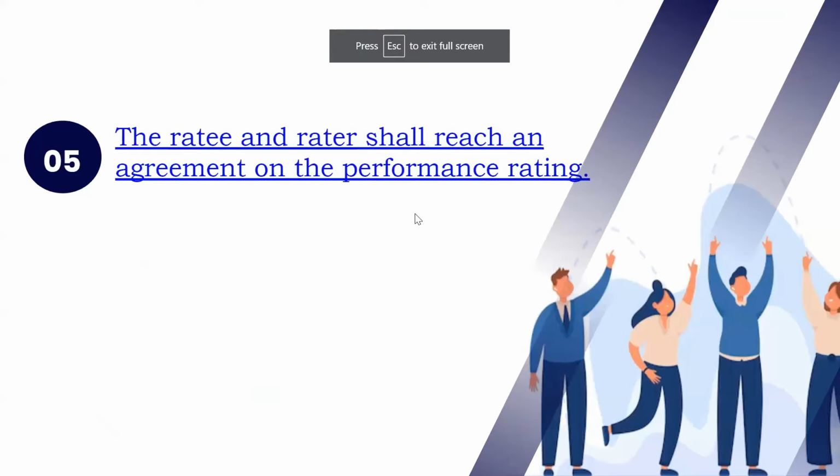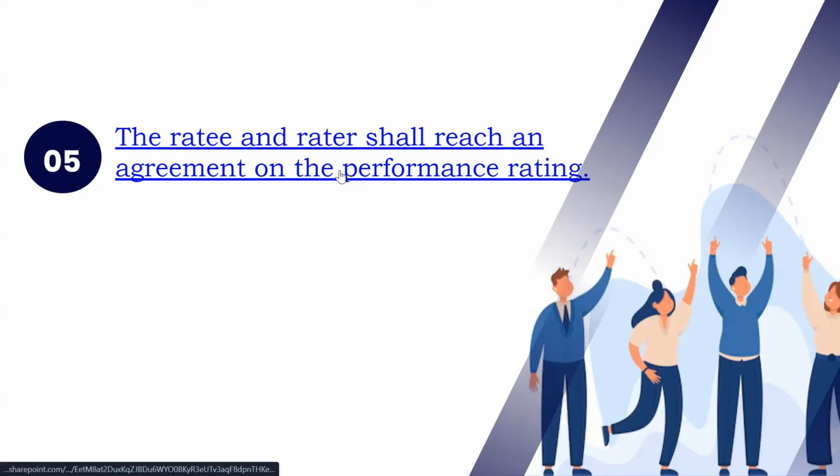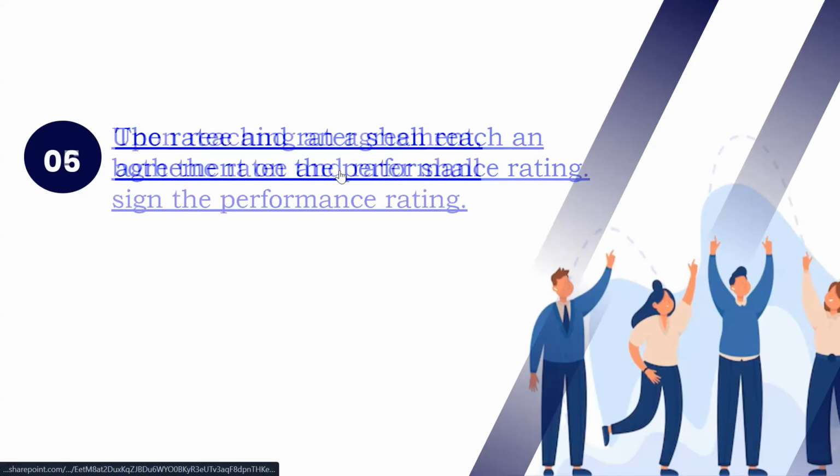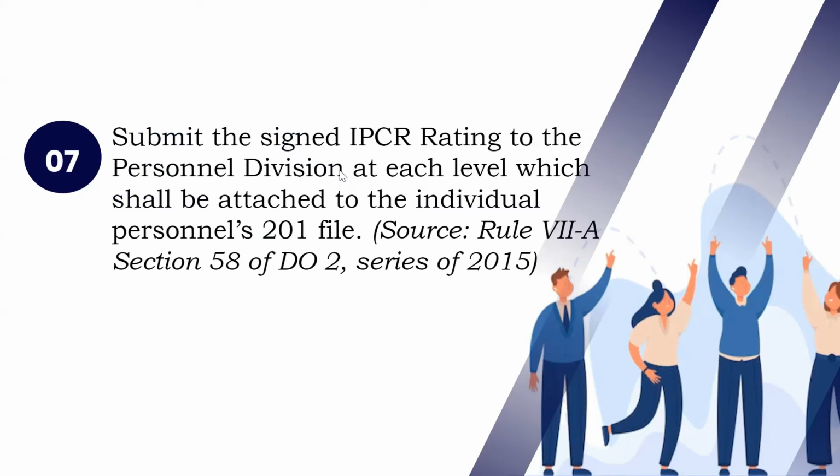So the next step, once determining the final score for this part, is that the ratee and rater shall reach an agreement on performance rating. Upon reaching an agreement, both the ratee and the rater shall sign the performance rating. For step 7, submit the signed IPCR rating to the personnel division at each level, which will be attached to the individual personnel's file.